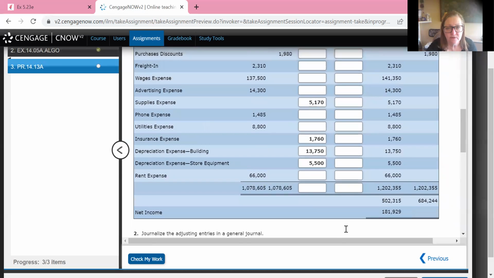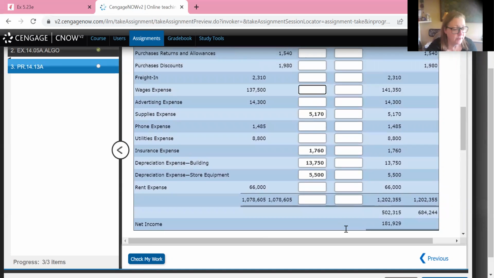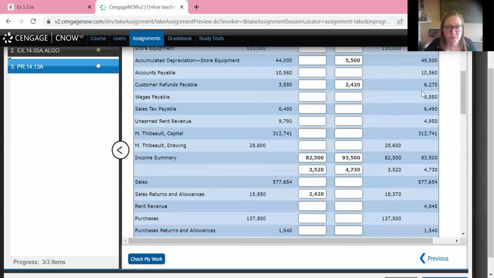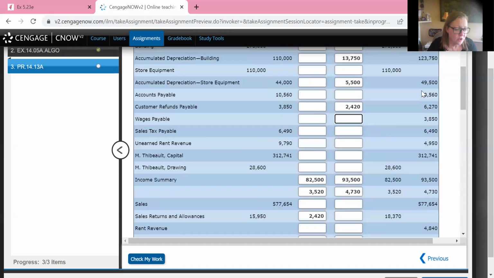Wage expense, where's wage? Why don't they put them alphabetical for me? I don't know. $38.50. Yeah, it brought it from $137.5 up to $141,350. That looks good. Wages payable takes the credit of $38.50. Yep, that looks right. There was nothing in wages payable, and now there's $38.50 credit.